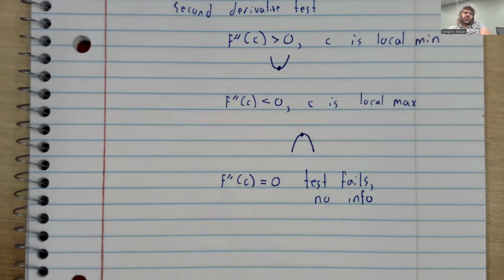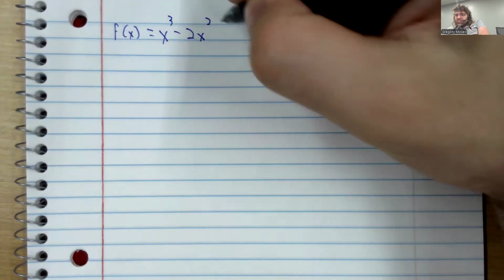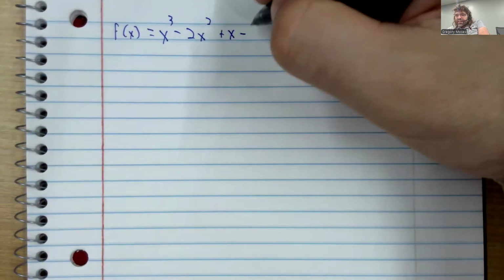The second derivative test requires you to take the second derivative, but it can be useful because maybe you needed the second derivative anyway. Like maybe your problem is you've got a function f of x equals x cubed minus 2x squared plus x minus 2.